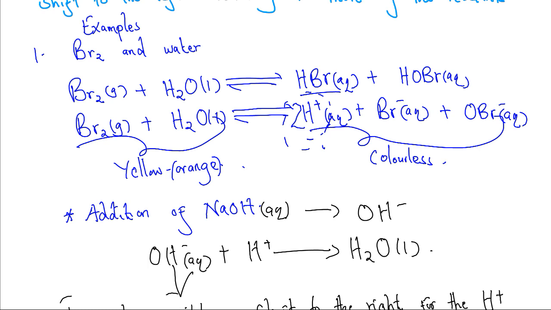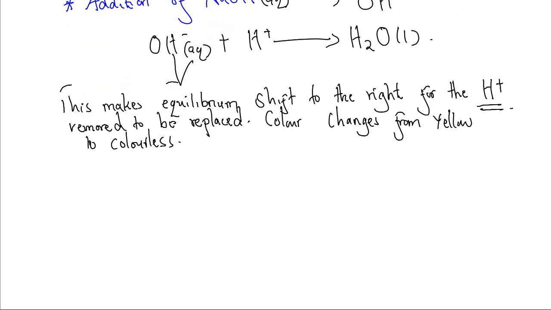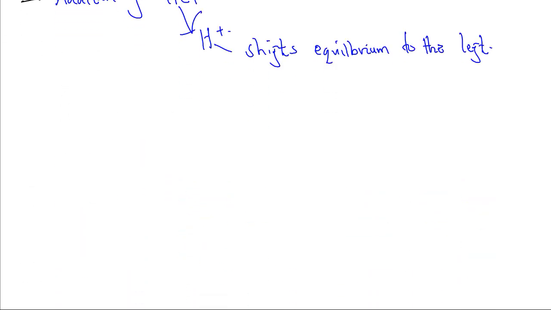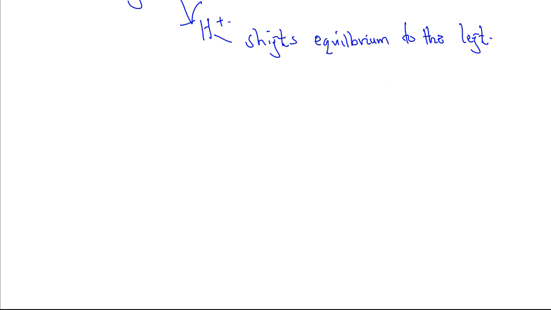That means there will be more reaction between the hydrogen ions, bromide ion, and hypobromite. And that is why there will be more formation of the yellow-orange color. And we have said the equilibrium will shift in a way to oppose that change, and that is why the equilibrium shifts to the left to oppose the addition of that hydrogen ions.